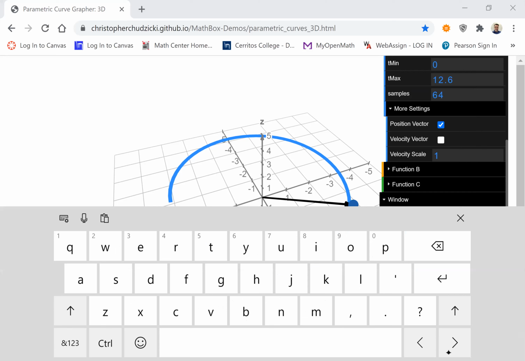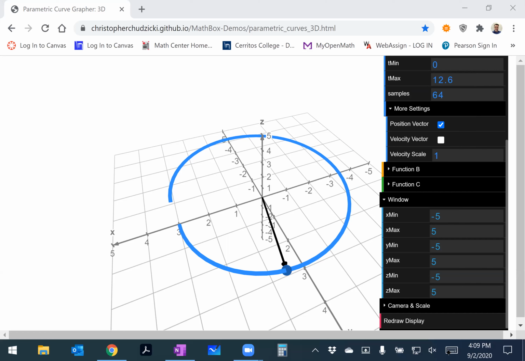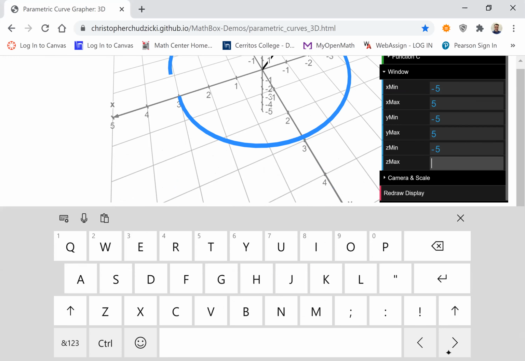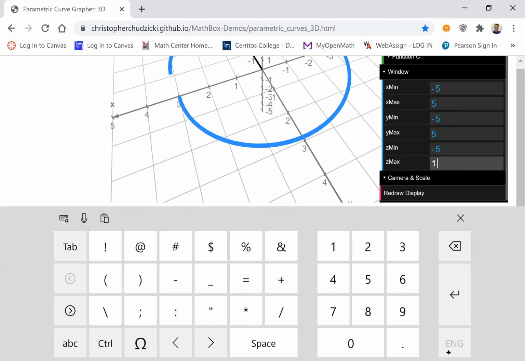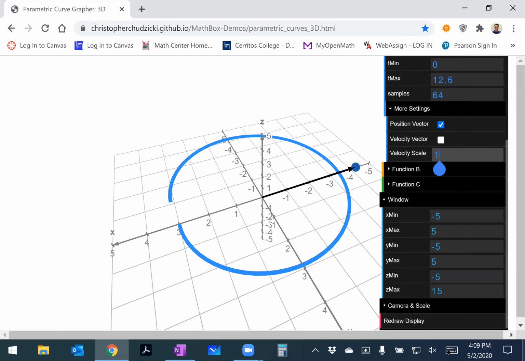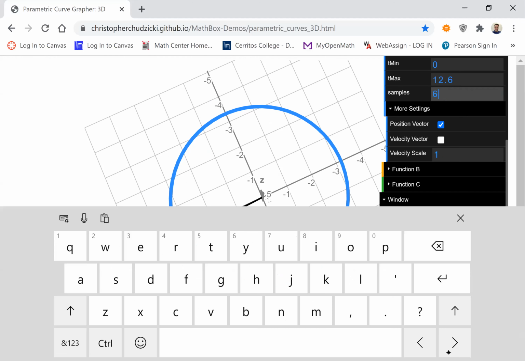I want it to go to maybe 15. Does that help at all? No. I don't know what the samples is here.